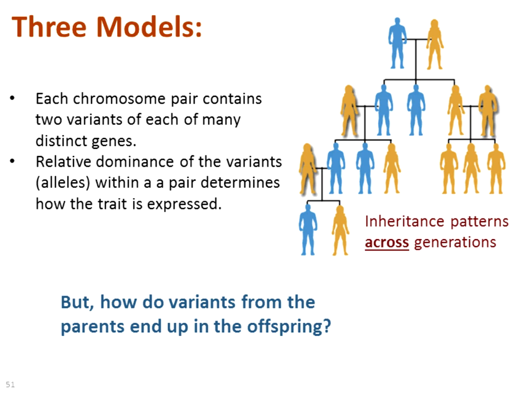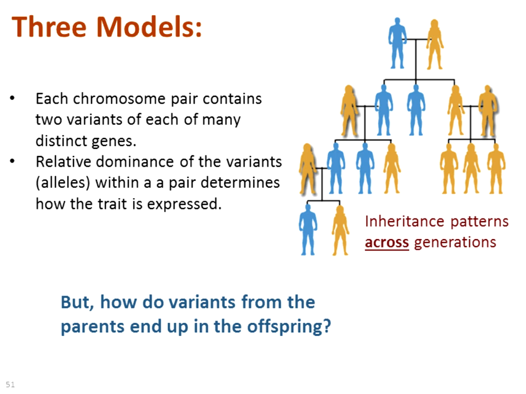The first one is inheritance patterns, right? It's this idea that we have chromosomes. We have pairs of chromosomes, 23 of them. Each pair contains 2 variants of many distinct genes. And the relative dominance of variants is sort of determined by which pair you get. So you can think about it as there are multiple alleles out there.